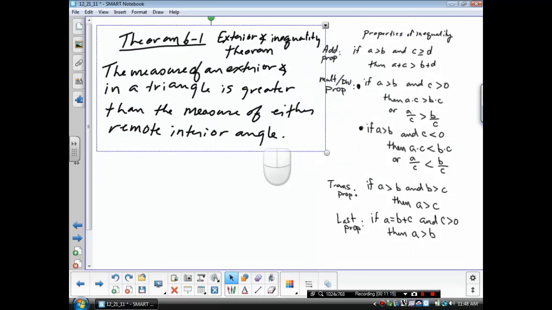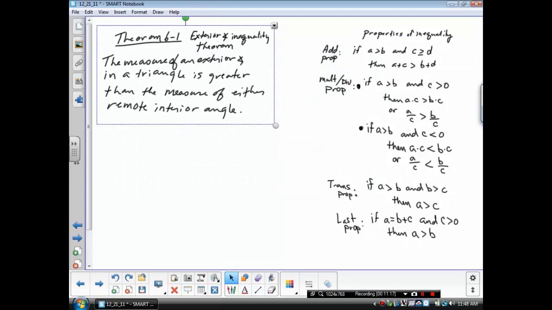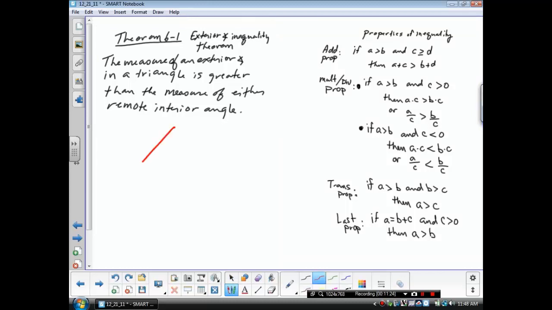Now, where this whole idea comes from is Theorem 312. Theorem 312 tells us that when we have a triangle and we extend one of the sides, the angle that is formed right there is equal to the sum of the two remote interior angles.